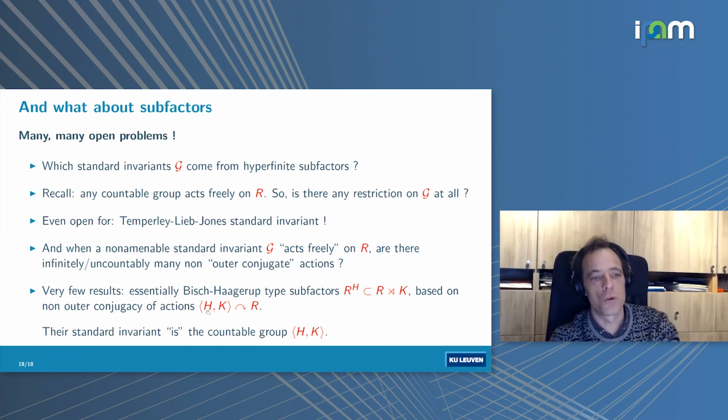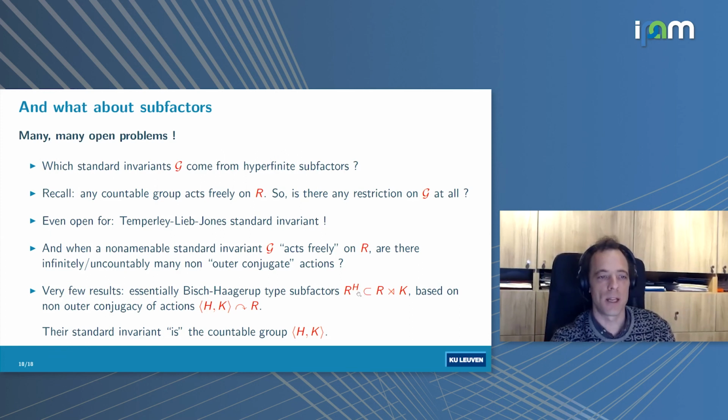So if you have a group that happens to be generated by two finite subgroups, this is just a notation that I use for a group that is generated by two finite subgroups H and K, then whenever you choose an outer action, a free action of that group on R, you can look at a subfactor where you have the H fixed points in R sitting in the crossed product with K. Now, this really is encoding this group.